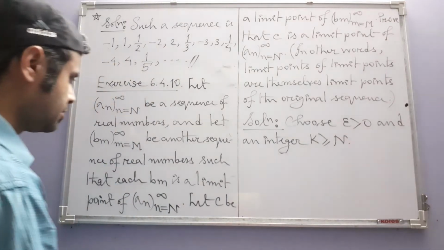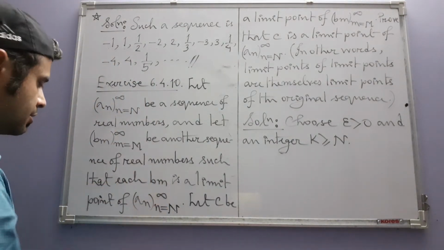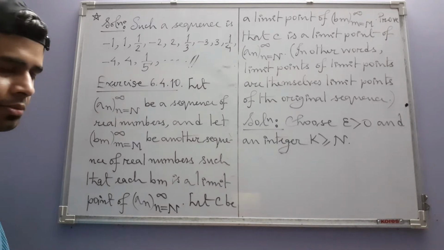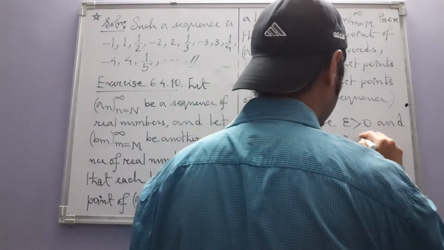And the hypothesis given to us is of course these things. The first is that each Bm is a limit point of an.